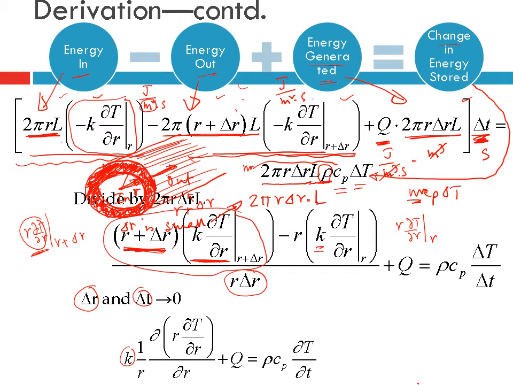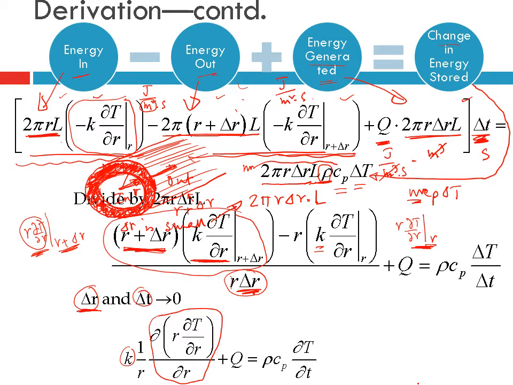But a quantity at R plus delta R minus the same quantity at R divided by delta R in the limit when delta R goes to 0 is going to give me the derivative, okay?